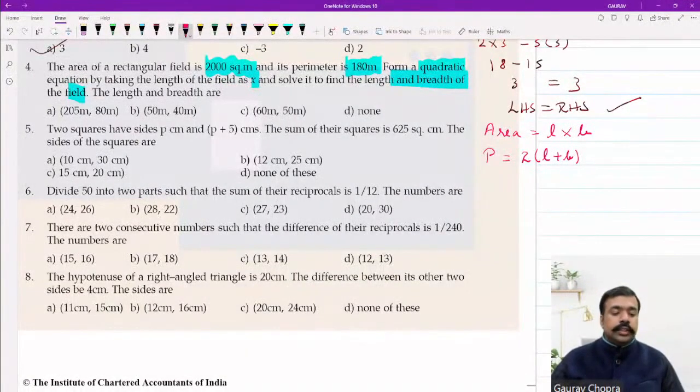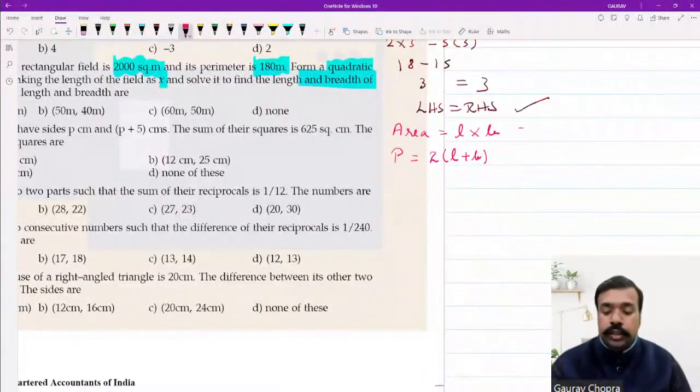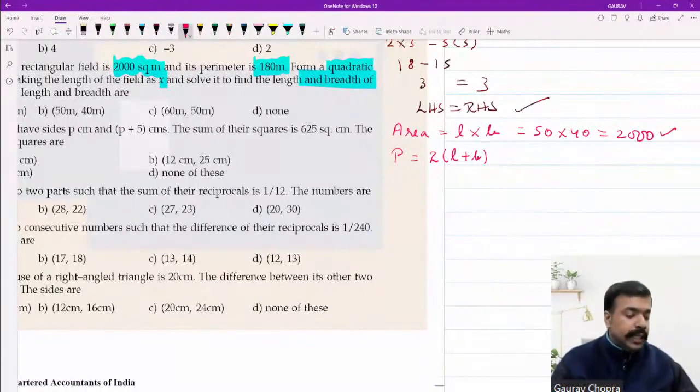Let's check with the first option, 205 and then 80. If we try to add them, it will exceed the perimeter because one side is already more than the perimeter. So this cannot be the option. Let us check with the second one, 50 and 40. If we try the area, 50 into 40 is 2000 square meter. So area is getting verified.